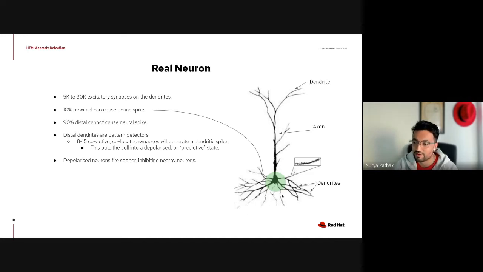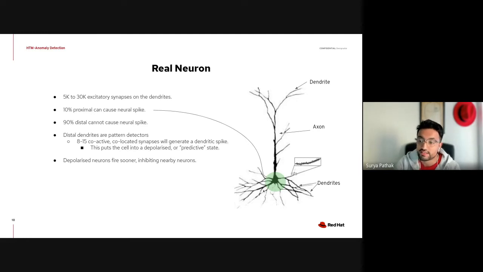Are they just there for being there, or do they have any kind of significance? Well, it turns out that these dendrites, which are called distal dendrites, are pattern detectors. They do not make a neural spike. Instead, they transform the neuron into the predictive state. The predictive state is compared to the inactive neuron, which does not have any spike, and to the spiked neuron, which is definitely firing.